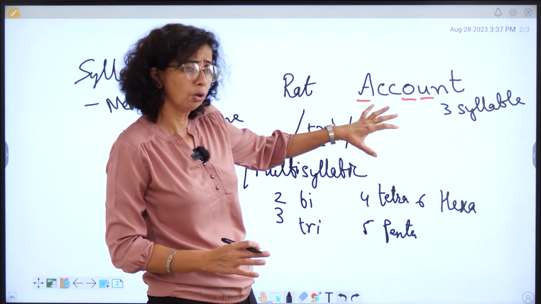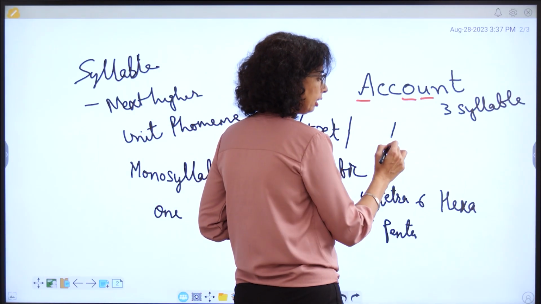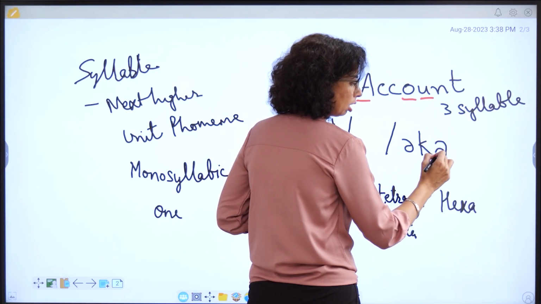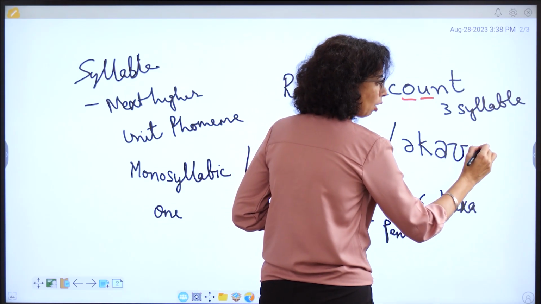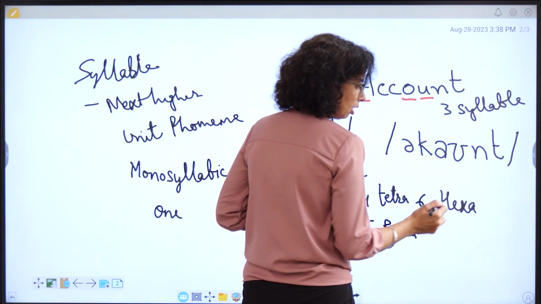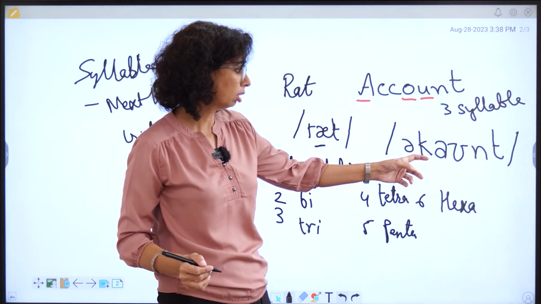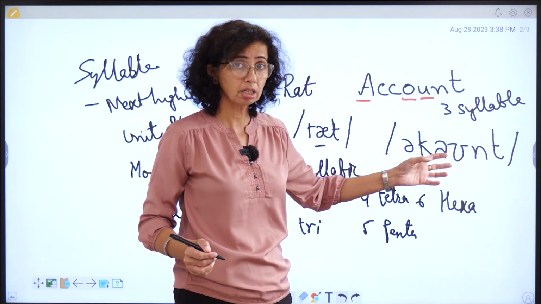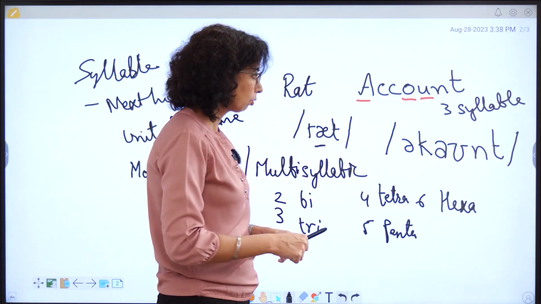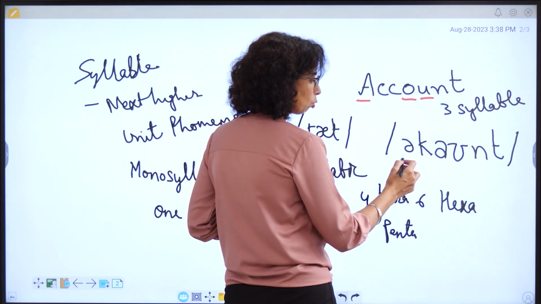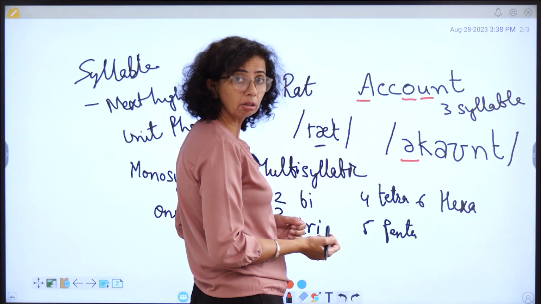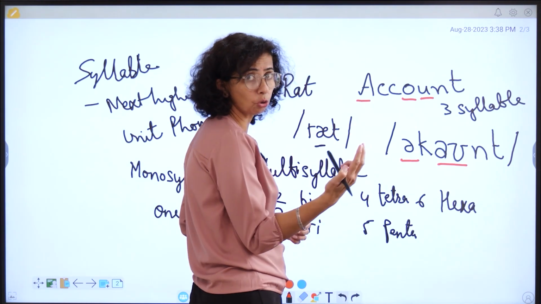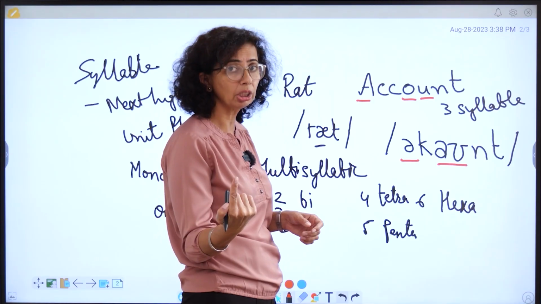We can write the word account phonetically in this way: a, k, ow, n, t. Account. Here we have only 2 vowel sounds. One is a, that is sure, and the second one is ow, which is a diphthong joined together and considered as one unit, one phoneme.